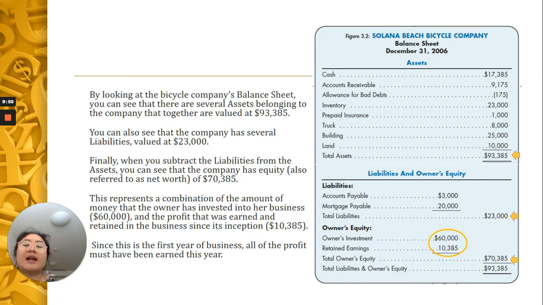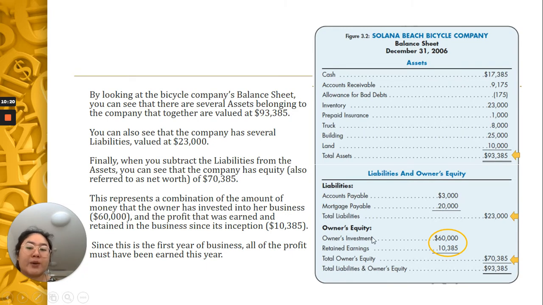You can also see that the company has several liabilities. This is the liability part, and the total liability is $23,000.